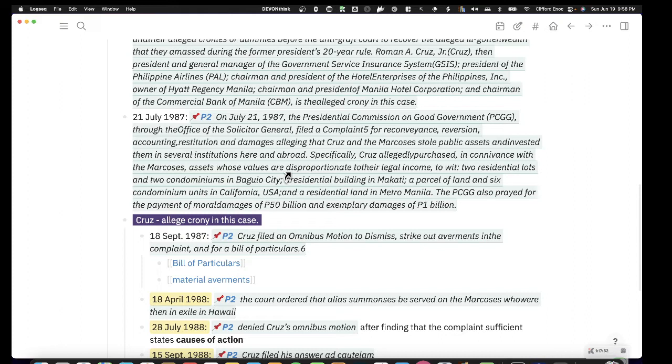Specifically, Cruz allegedly purchased, in connivance with Marcos, assets of disproportionate or illegal income: two residential lots and two commercial lots in Baguio, a residential building in Makati, parcels of land, and six. Ang dami.